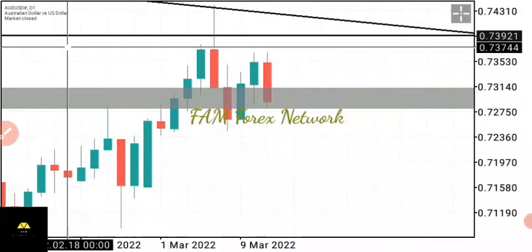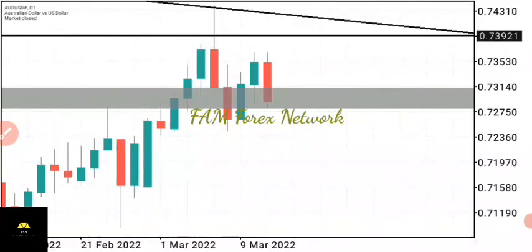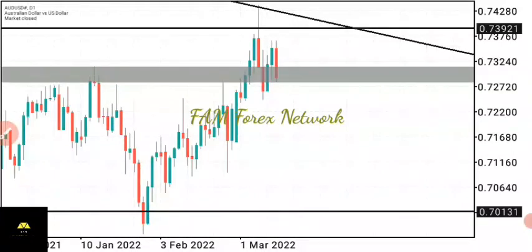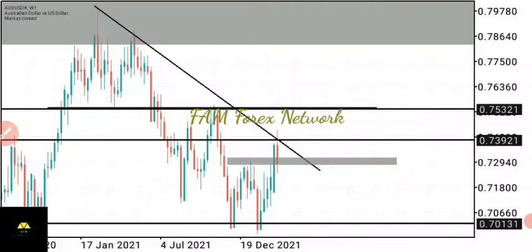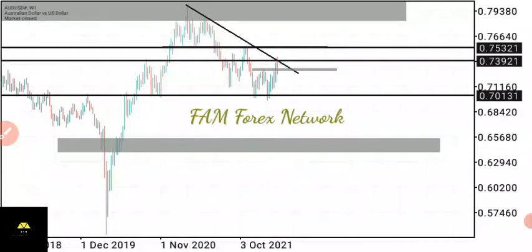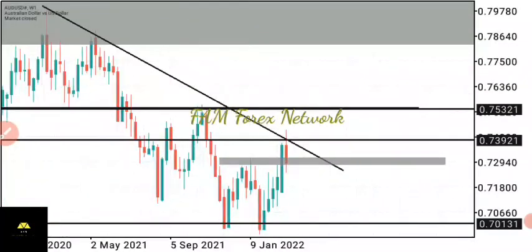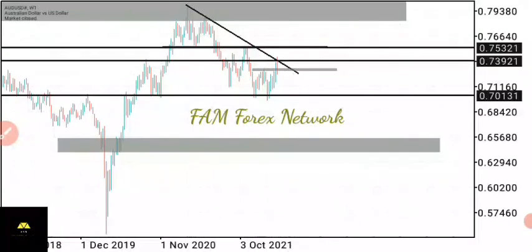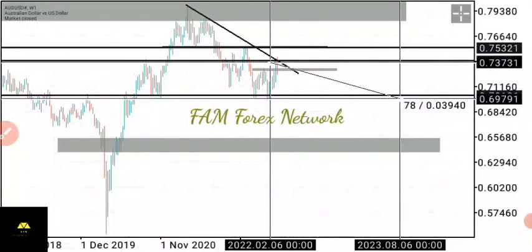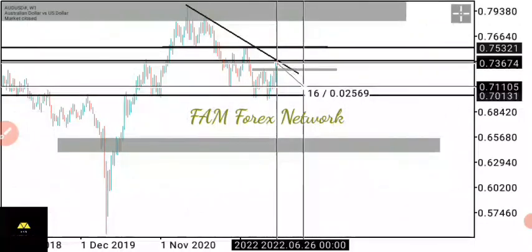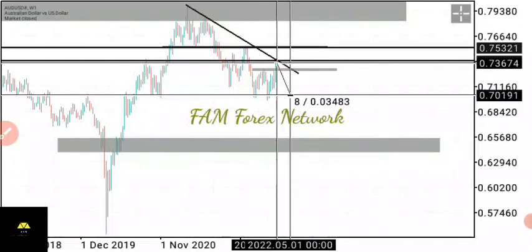So we just launch and look for opportunities on the lower time frame. So the Aussie dollar, we're going short on the Aussie dollar. If possible, we'll go short here. The Aussie dollar is really going short. So you can see it goes short here.